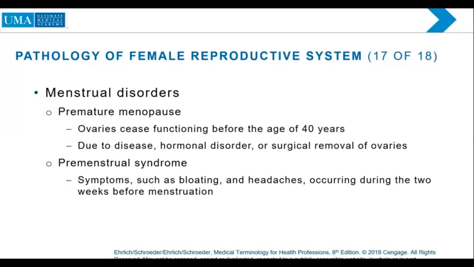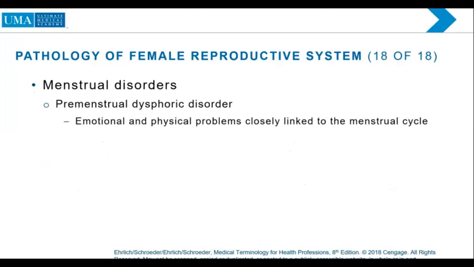Premenstrual syndrome are symptoms such as bloating and headaches occurring during the 2 weeks before menstruation. Premenstrual dysphoric disorder is emotional and physical problems closely linked to your menstrual cycle.